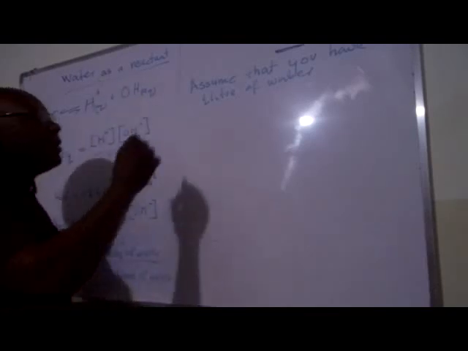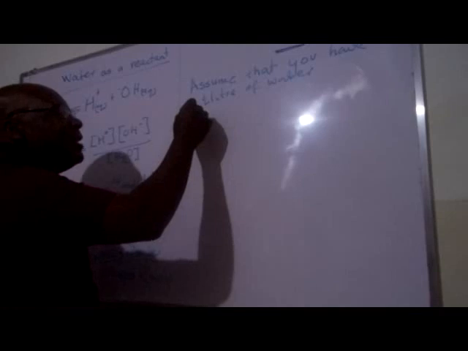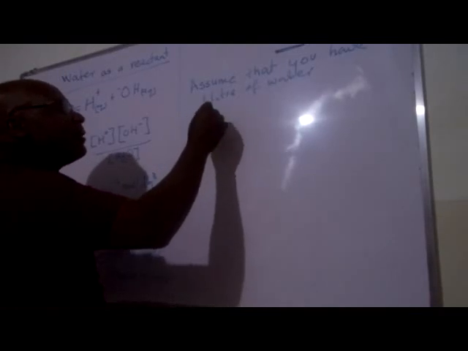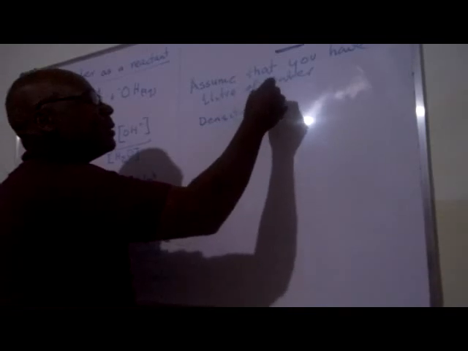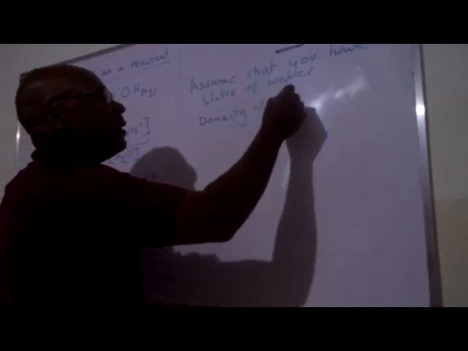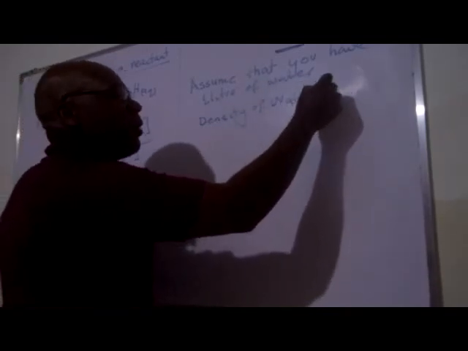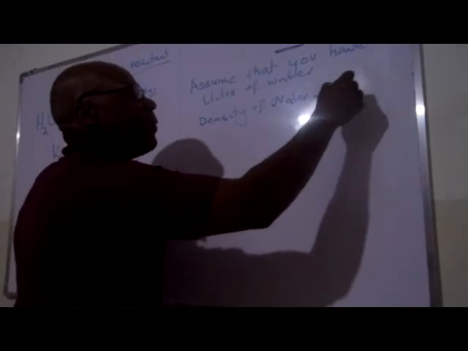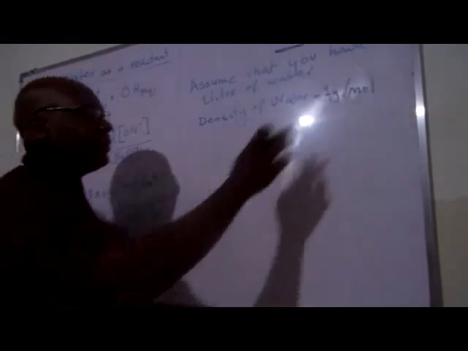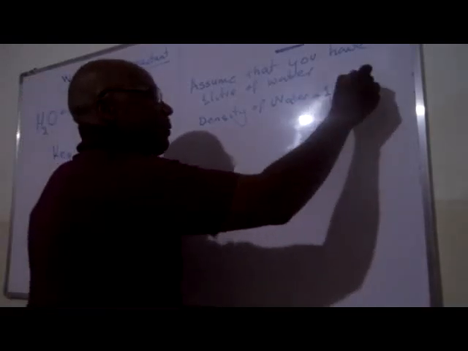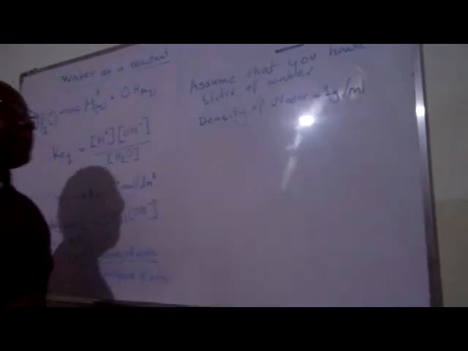We know that the density of water is 1 gram per mil, not per mole, but per mil, milliliters.